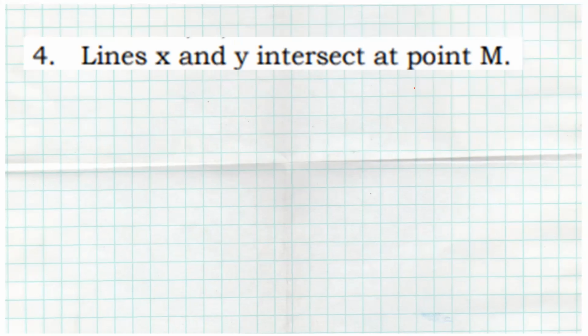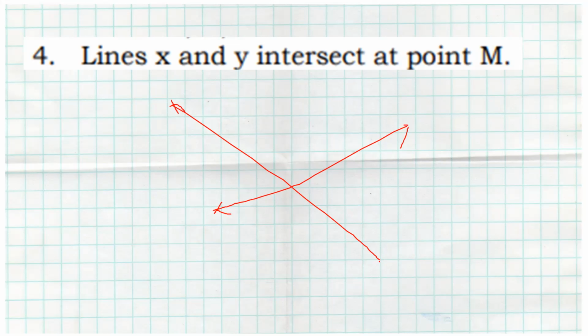So I'll leave this number 4, line X and Y intersect at point M. So you just need to draw 2 intersecting lines. Okay, arrowheads on all the sides. Then just name the point of intersection.